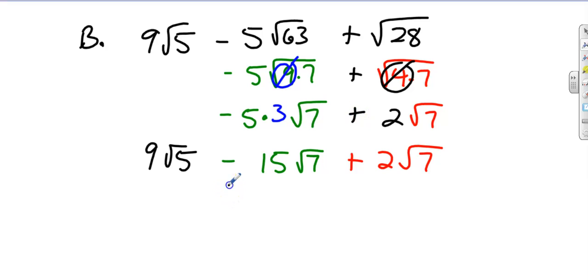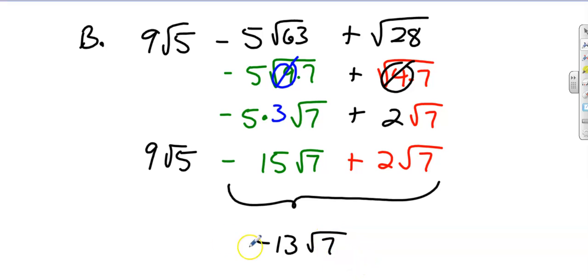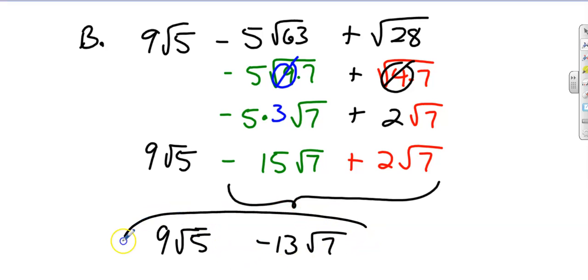Okay, so these two are the same. So we can do negative 15 plus 2, which is negative 13 square root of 7. This one was different, so it stays all by itself. And then that would be your answer that you're looking for there.